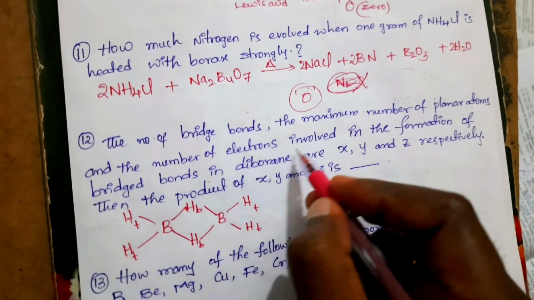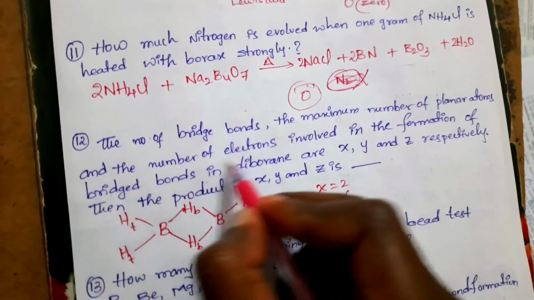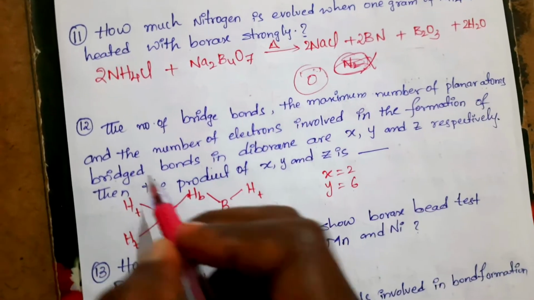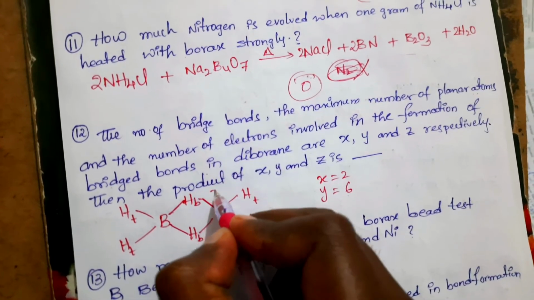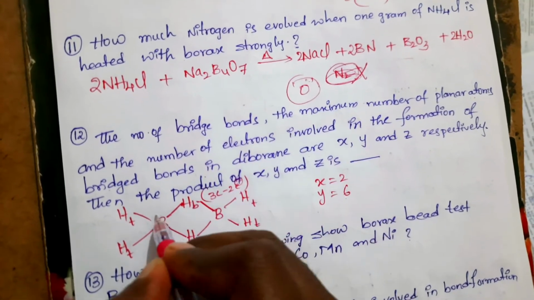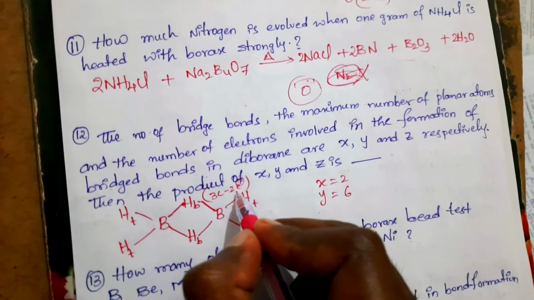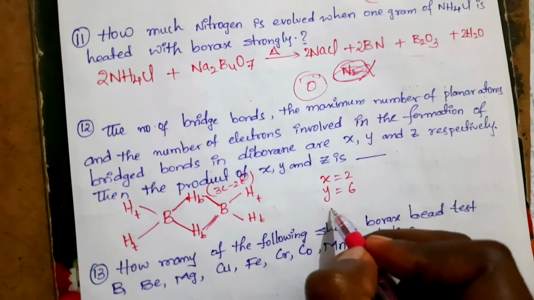And the number of electrons involved in the formation of bridged bonds. Here the bridged bond formation is a 3-centered 2-electron bond. So for 1 bridged bond, 2 electrons. One more bridged bond is there, so 2 electrons. Total will be 4 electrons.